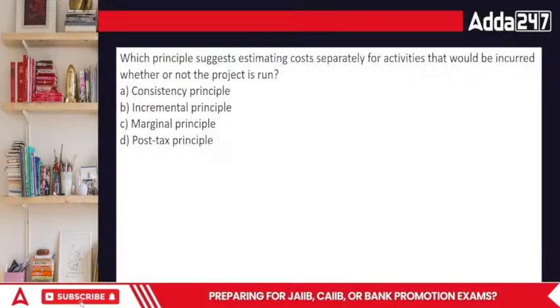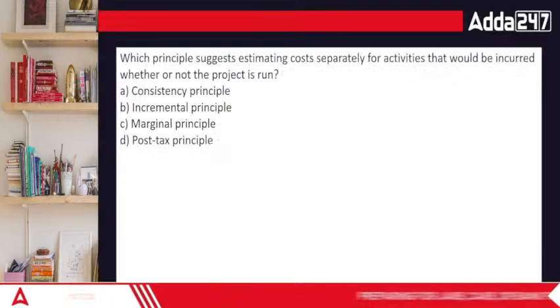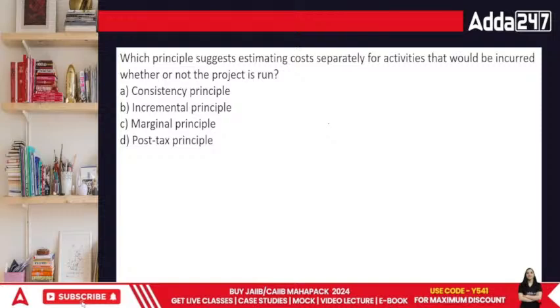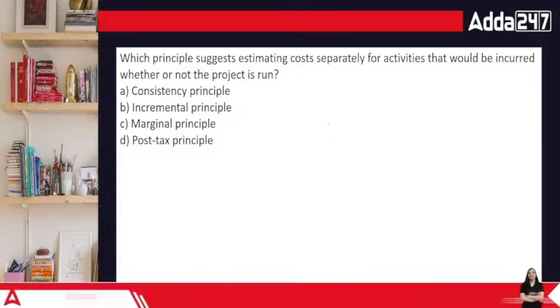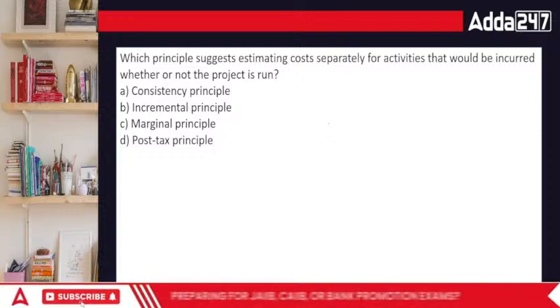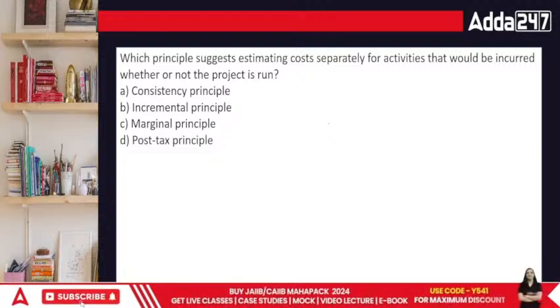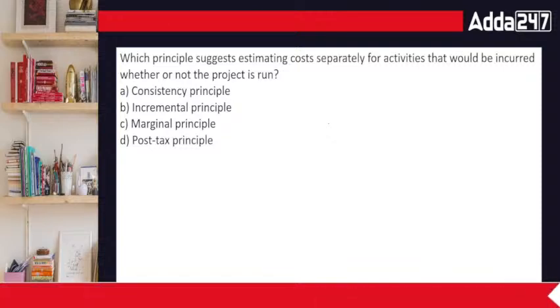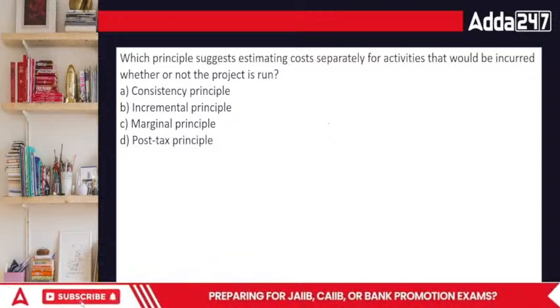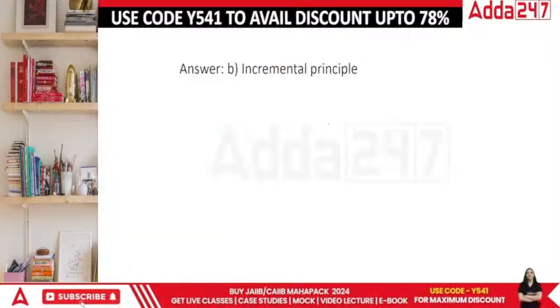Now, next point. Which principle suggests estimating costs separately for activities that would be incurred whether or not the project is run? Consistency principle, incremental principle, marginal principle, or post-tax principle? Whether or not the project is run. See, we're looking at the project if it is running or if it is not running, then the answer should be incremental principle.